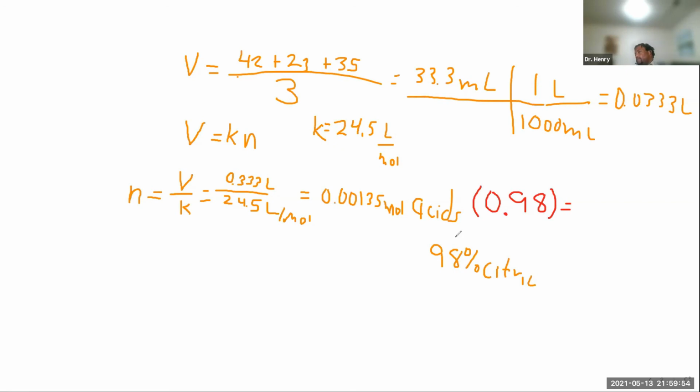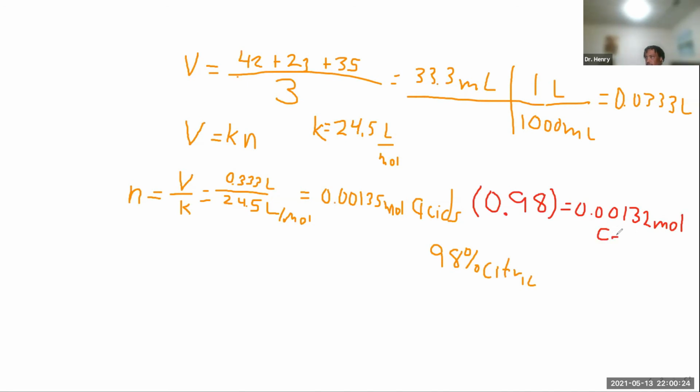And that's going to give me how much citric acid I have. Okay, so that would be 0.00132. And that's my citric acid. Yep. So that's going to be moles of citric acid.